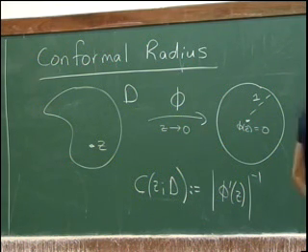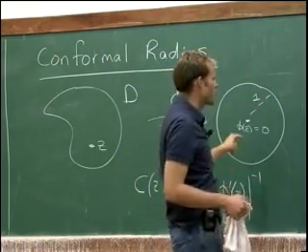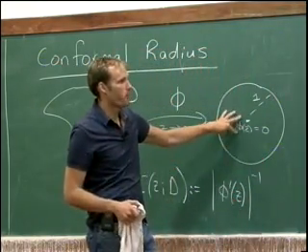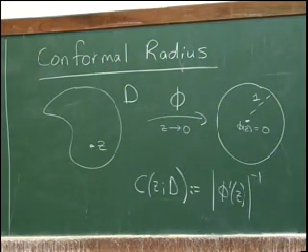Okay, so right. Transform this problem onto the circle instead. So now we want to look at the function. What function do we want to look at? I'm always going to get this wrong.